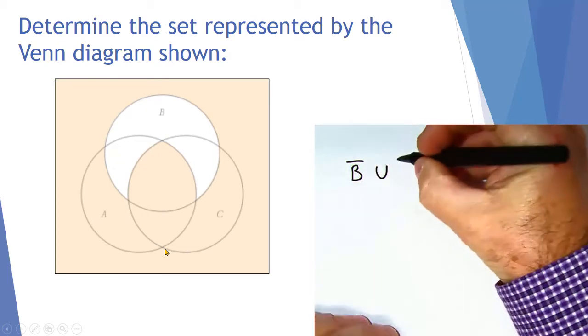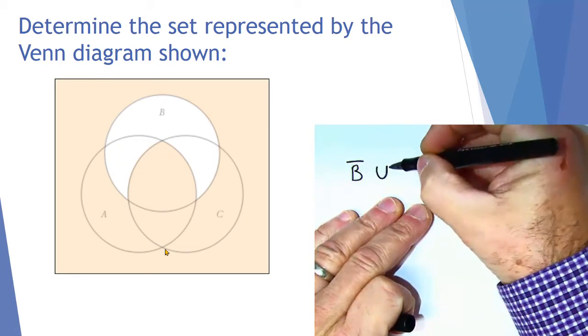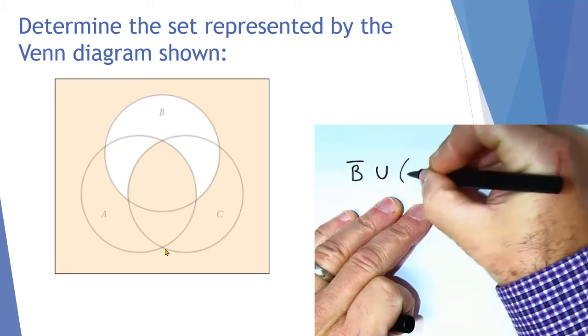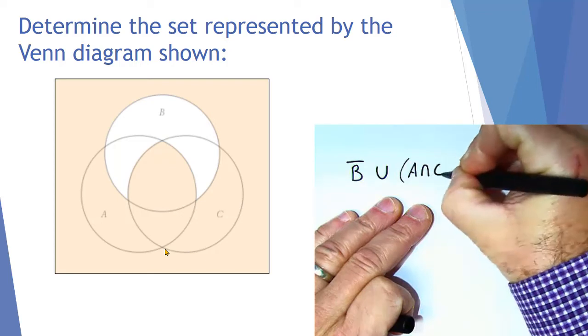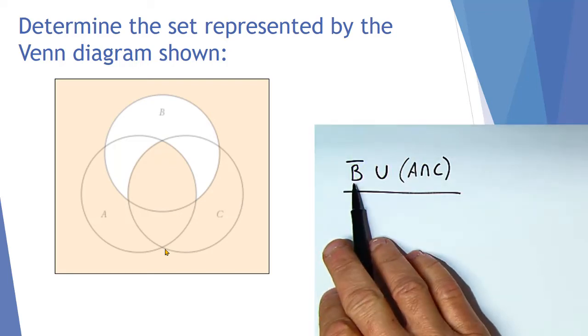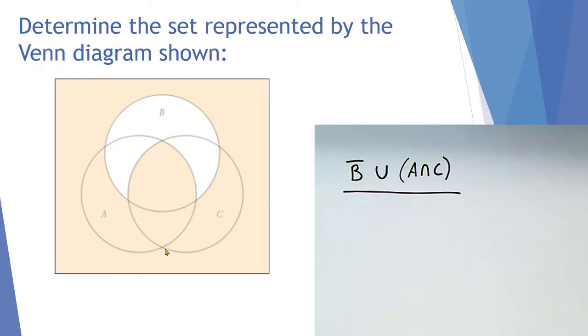So we can finish our description by saying we're in the complement of B joined with the intersection of A and C. And there's our description: outside of B or in the intersection of A and C. Now there are other ways to describe that region, but none will be simpler than that.